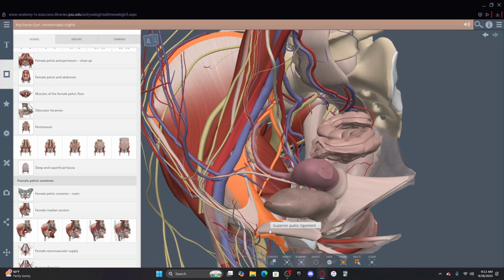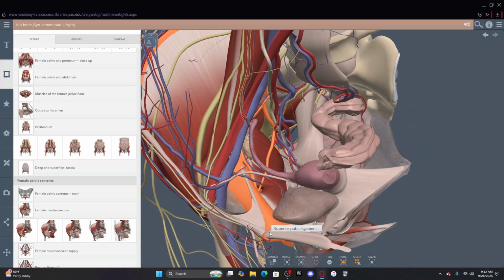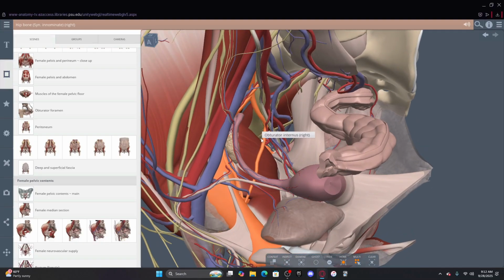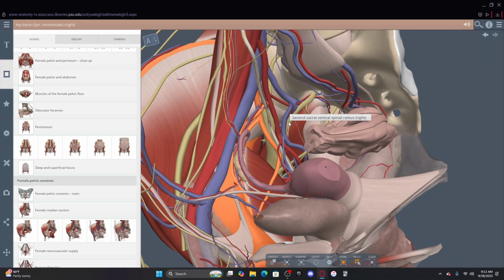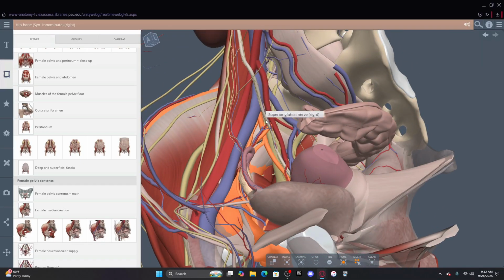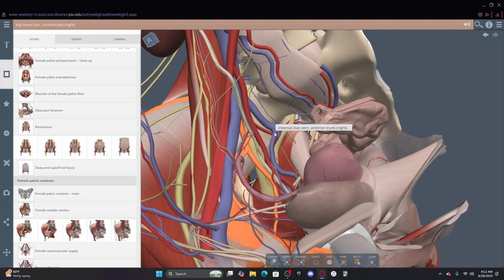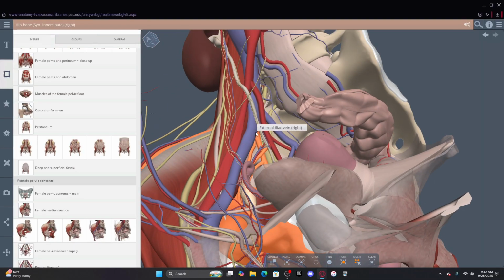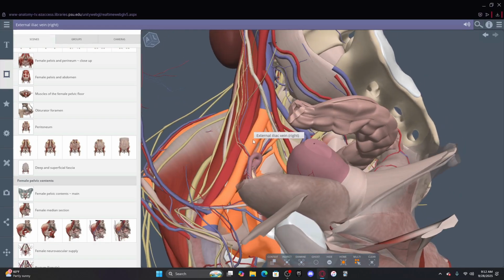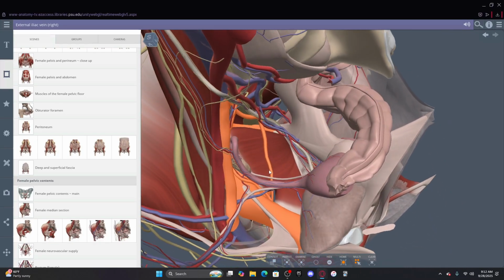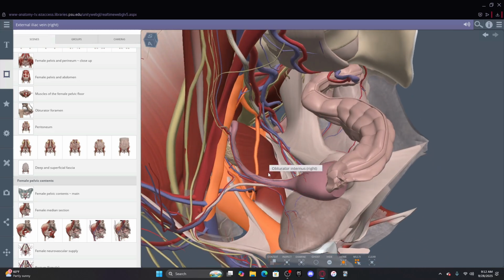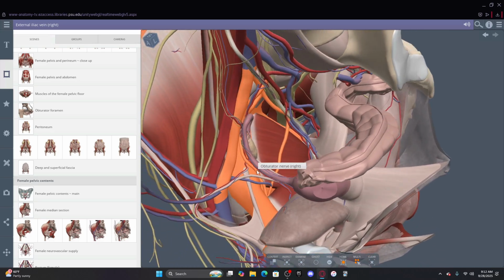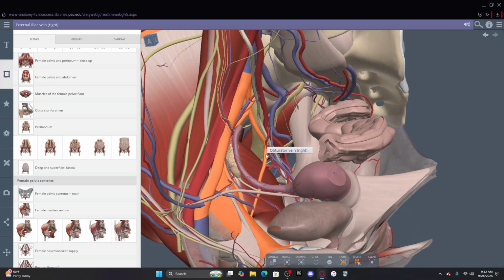And one thing to note is where these arteries and veins are coming from. So this is the obturator vein. We see the external iliac, so we see it coming from the external iliac vein. Similar to the obturator artery.